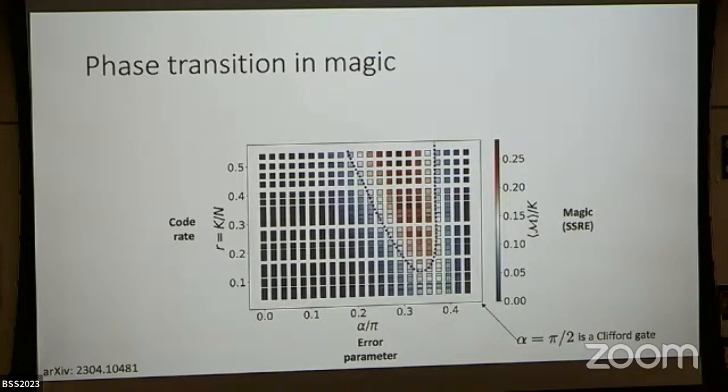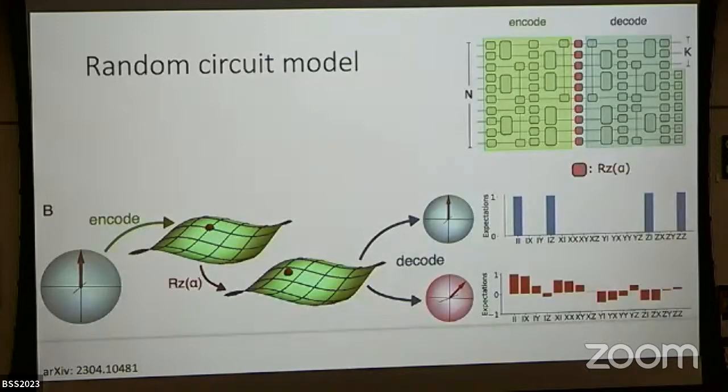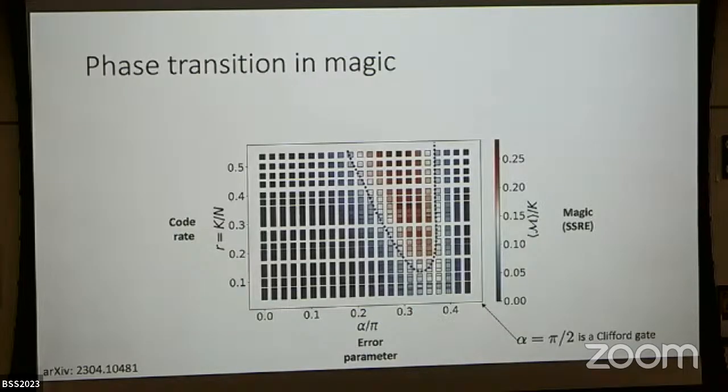Okay, and here's what we find. I will explicitly say when I show experimental data as opposed to theory. So this is theory. What are we looking at? On this axis is the error parameter alpha, the rotation on all of the qubits happening here in the middle. On this axis we have what's called the code rate.